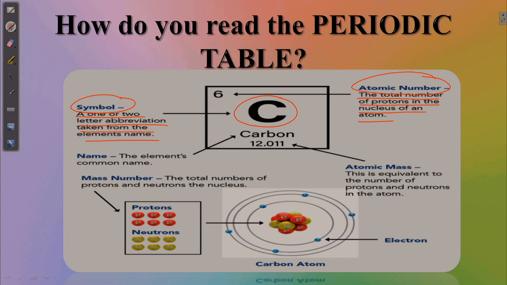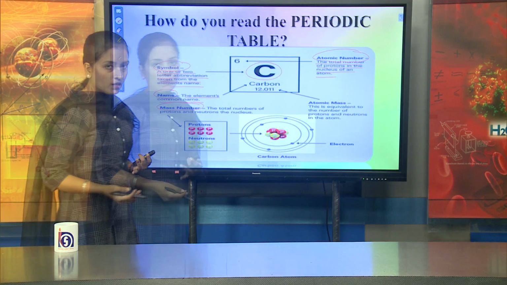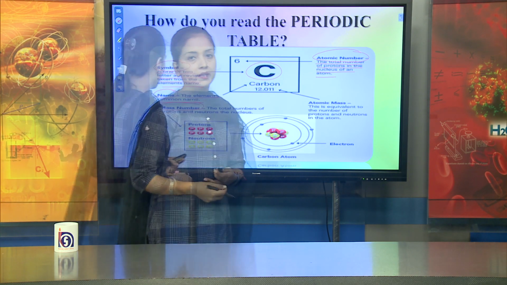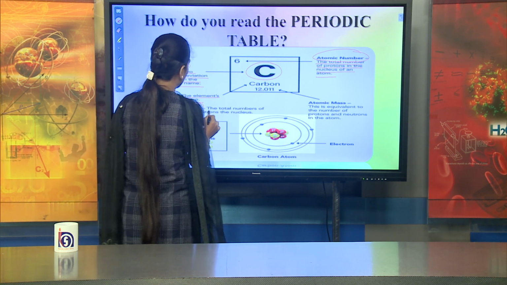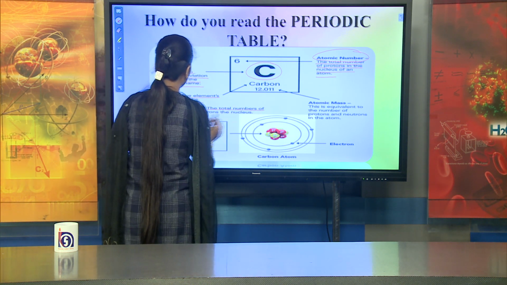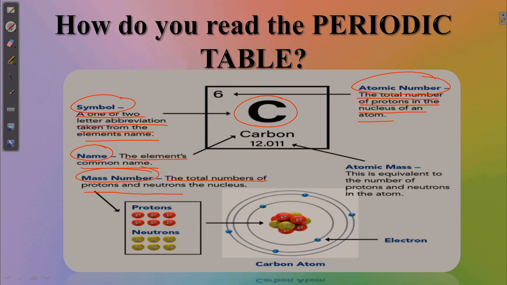The next thing is the name of an element. Next is mass number. With the help of mass number, we can identify the total number of neutrons present in an element. So what is mass number? The total number of protons and neutrons in the nucleus.